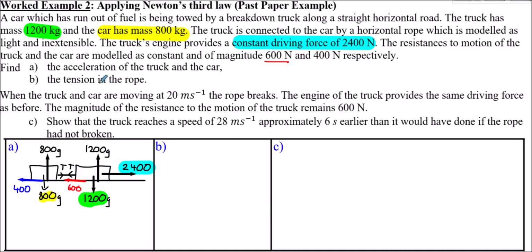So anyway, you want to find the acceleration of the truck and the car. So for part A, we can consider this as one body. So considering the whole system, what we're going to have is obviously the road.